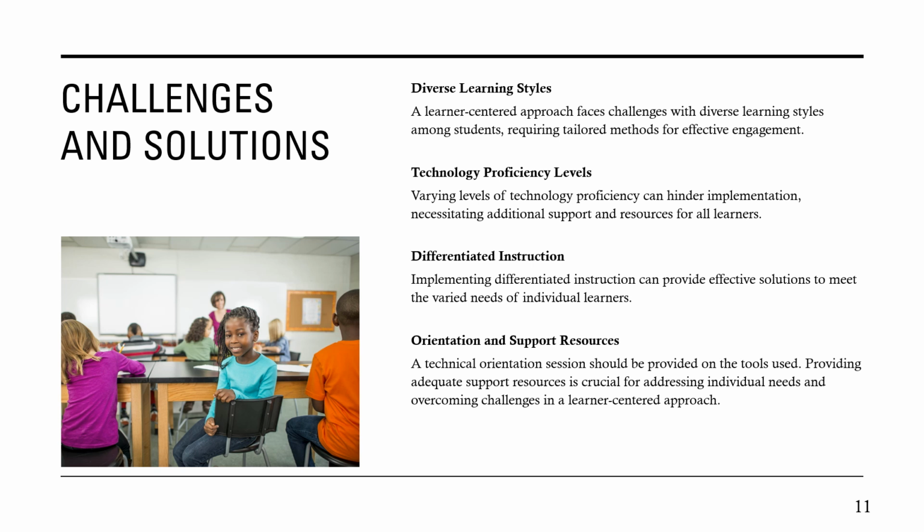Implementing differentiated instruction may provide some assistance. There should be a technical orientation session for every online course or program that offers fundamental instruction and or tutorials on the technology utilized in the course. When creating the technical environment for online learning, instructors should consider how easy it is to use the tools.